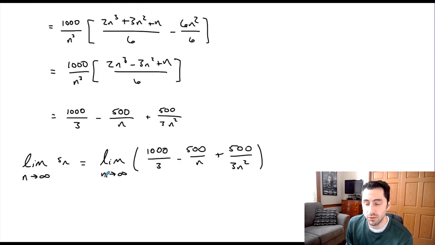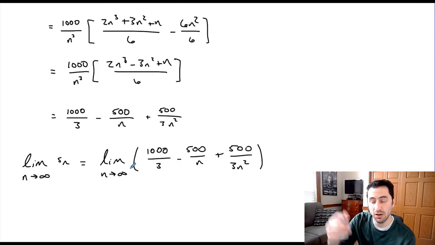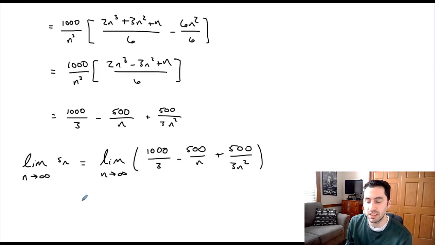We could do this with any number for n. We could do this with 2 or 5 or 10, and if we plug those values in, that would give us the areas that we saw in the previous parts of this example. But now we want to let n become unbounded. If we evaluate this limit, 500 over a really big number is going to approach 0. 500 over 3 times a really big number will also approach 0.